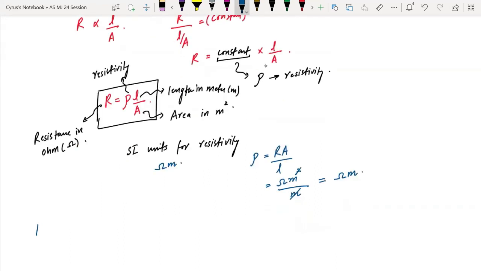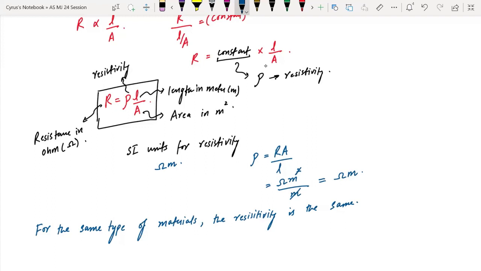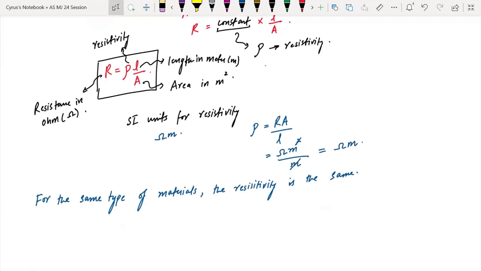You should also know that for the same type of materials, the resistivity is the same. For example, all gold wires will have the same resistivity, all copper wires will have the same resistivity, right? Sometimes the question will be based in such a way that they'll be asking you that the resistance is doubled, the length is increased 3 times.